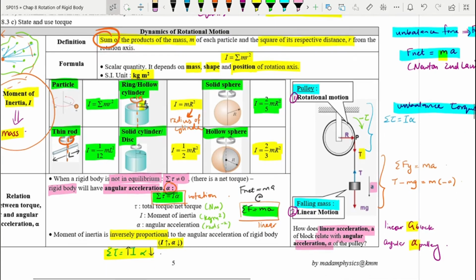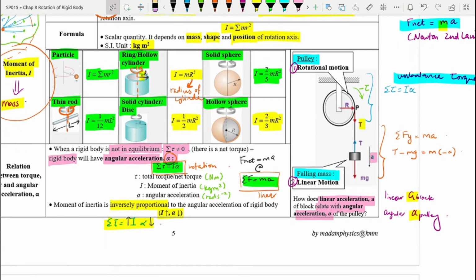Kita ada belajar dalam 8.1 where your a_t equals to R alpha. Okay, so ini adalah relation antara linear acceleration dan alpha. Maksudnya, a_t ni adalah acceleration of block. Alpha adalah angular acceleration of pulley.